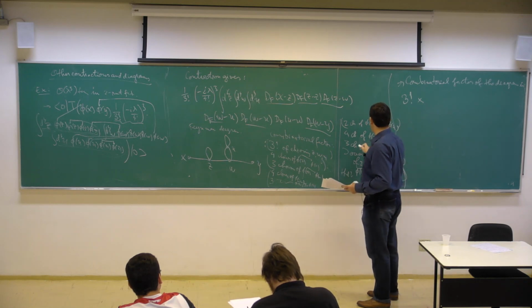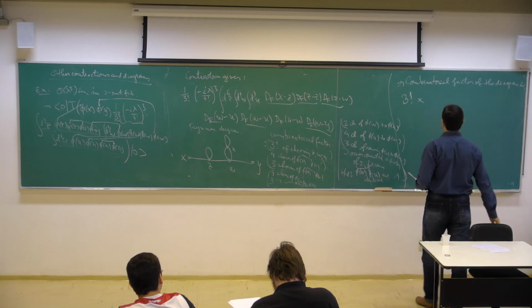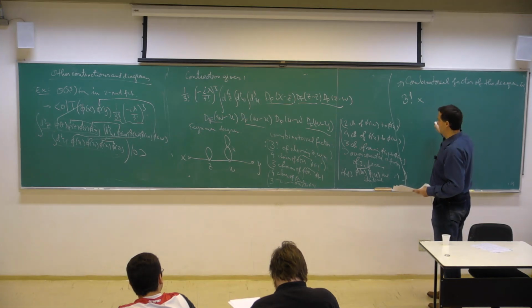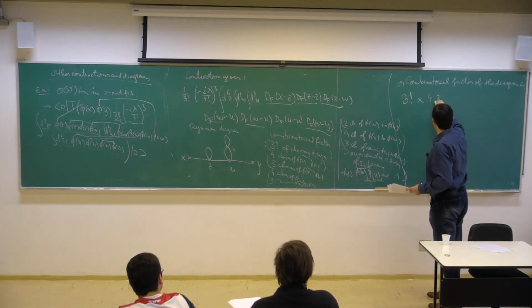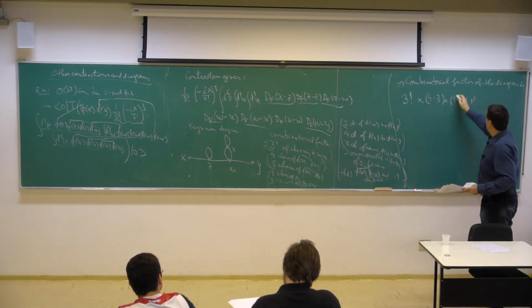And finally, for phi of u, I have 4 times 3. And then there's a 1/2 division. This, then, comes 4 times 3 times 4 times 3 times 2. And then I can do times 1.